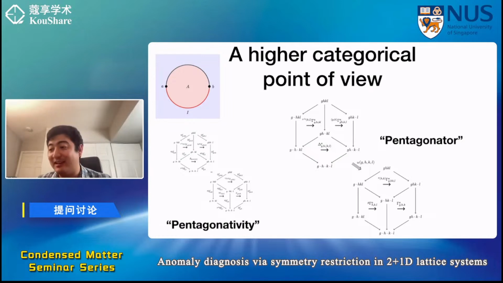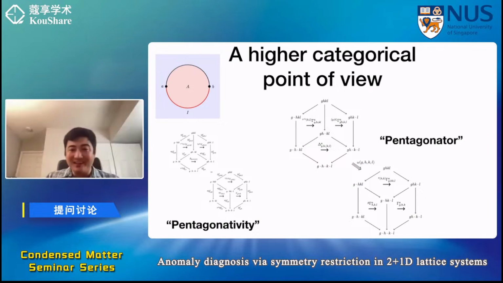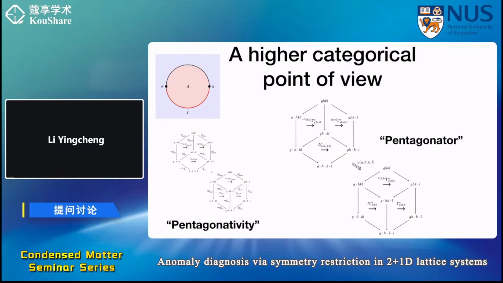This is a work that's not published yet, but Michael Levin, Wilbur Shirley, and I have a way to move domain walls in a very careful way that imitates one way of doing associativity versus another way, and they're related by a pentagnator, which is this phase. So we are working on that. Oh, I see. So this pentagnator is the same thing as the pentagon identity on the boundary.